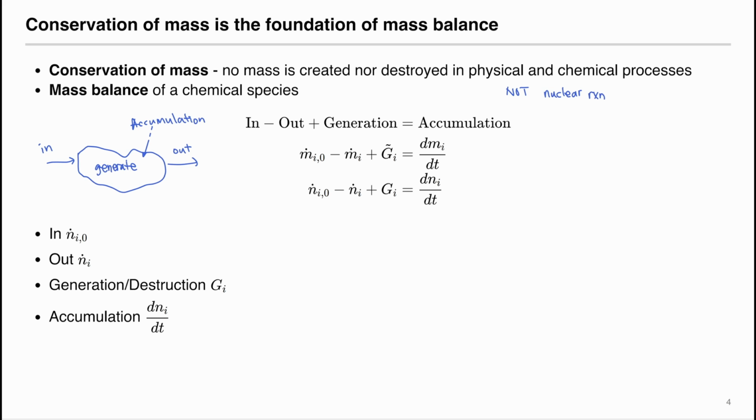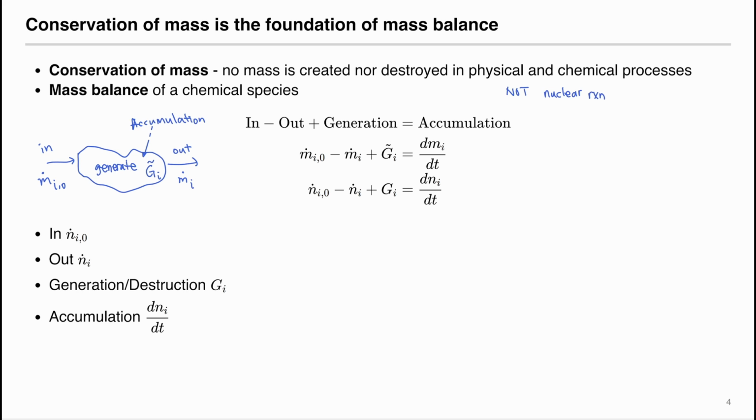We can write each term out using mathematical symbols, where the first symbol represents the mass flow rate m dot of species i going in, and the out can be denoted as the mass flow rate m dot of species i going out. Then the generation is g of i, for species i.